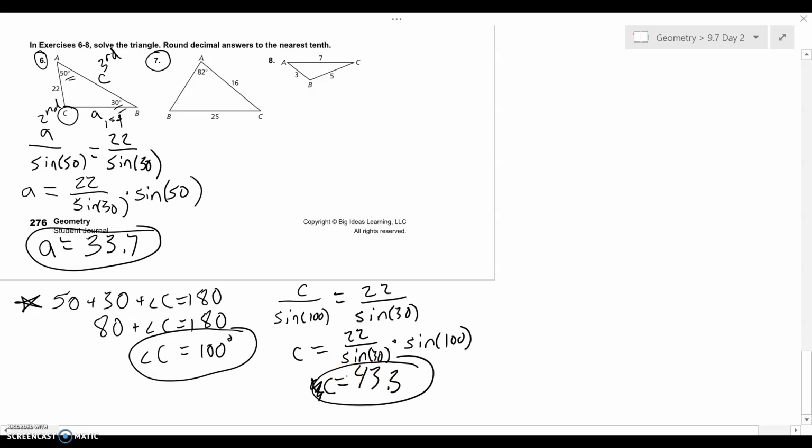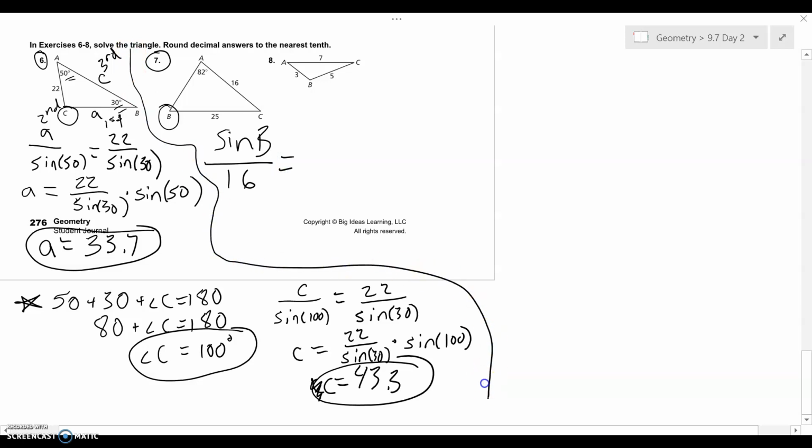The only other one we're going to do down here today is question number 7. So question number 7 sets up similarly, except they're only going to give you one angle and two sides, which means the first thing we have to go get is angle B, because it's across from 16. So I'm going to write this one as sine of B over 16 equals, and let's cut that off so we can see where one starts and one ends.